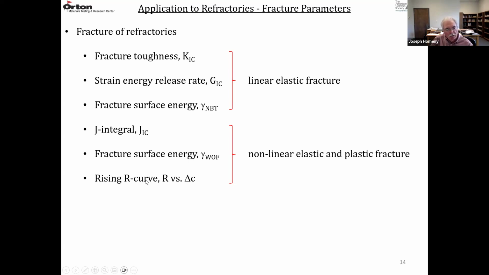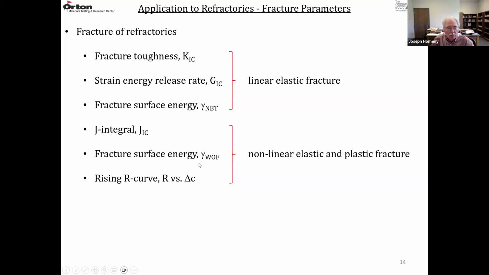And then R curves, which I mentioned briefly, the R versus the change in crack length, delta C. You want rising R curves, and that's where you have some nonlinear behavior. So high values of J1C, high values of gamma WF, and rising R curves all give rise to better thermal shock resistance.